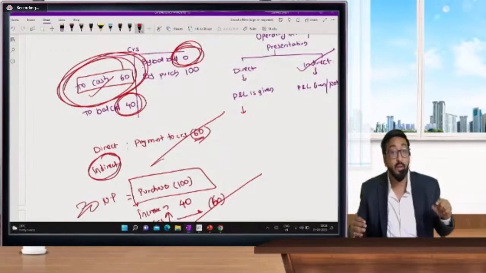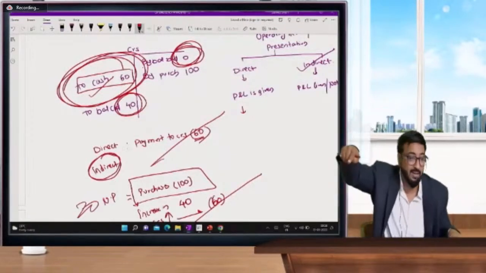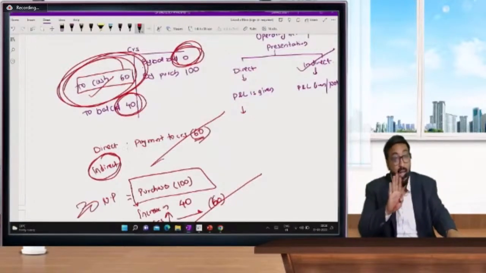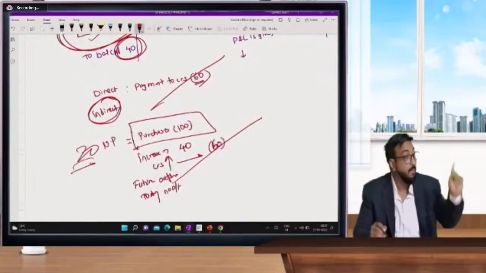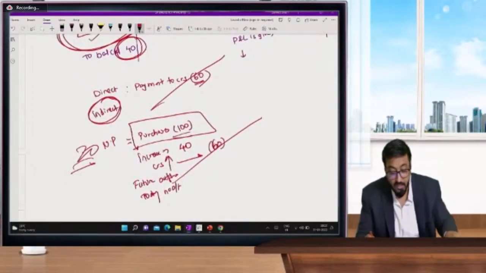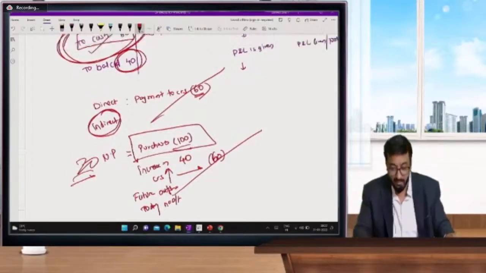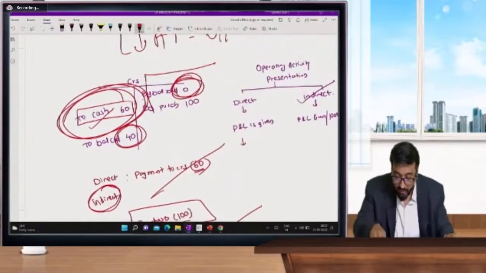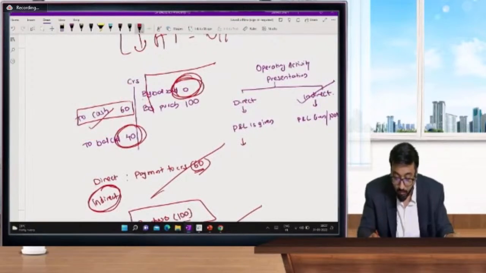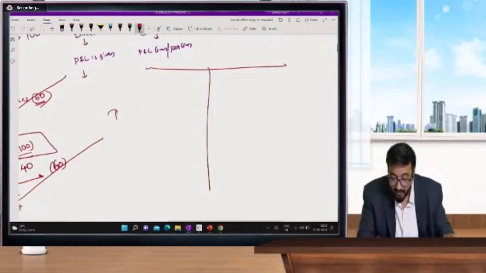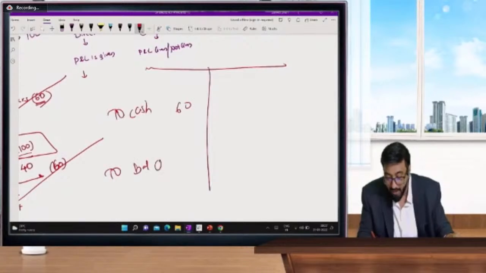So when you are focusing directly on payment, which method will it be? Direct method. And when you start with net profit, you start with 20, but for concept clarity, I started with purchases of minus 100, and increase in creditors. That is the indirect method. Direct method is focusing on cash: to cash 60, and to balance carried down 40.